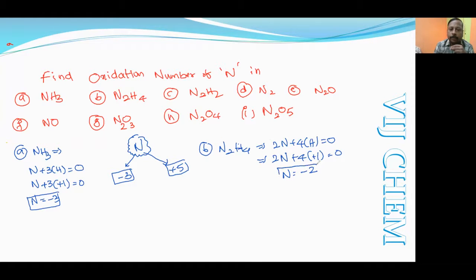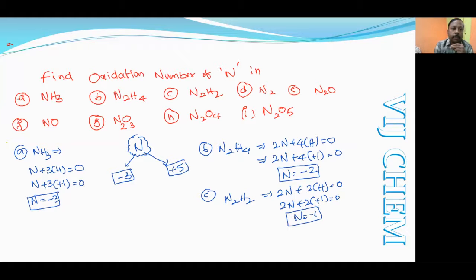Then the third answer will be N2H2. So 2 into nitrogen plus 2 into hydrogen is equal to 0. 2 nitrogen plus 2 into +1 is equal to 0. Nitrogen is equal to -1.